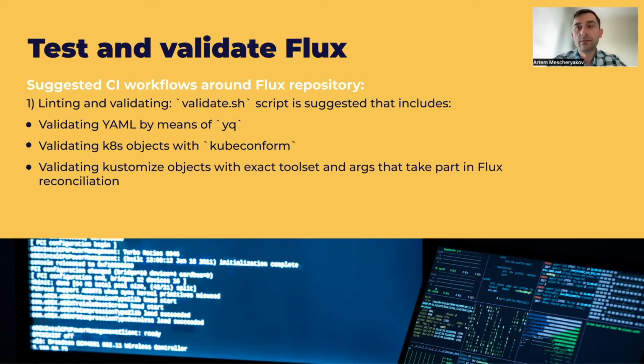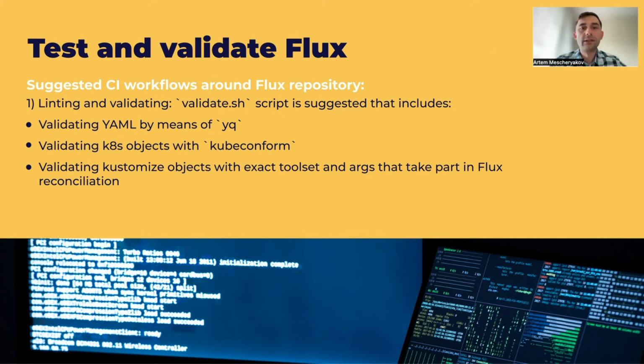Okay, let's talk about testing and validating Flux. I'm going to describe the three suggested workflows that Flux helps to set up, because they provide several templates and scripts to do it.